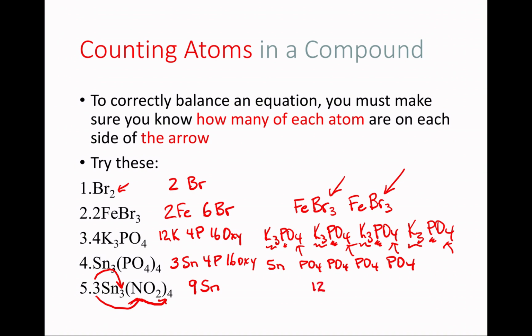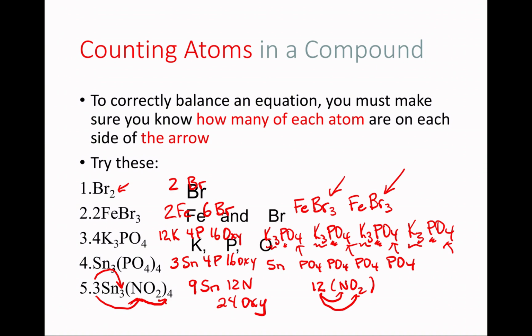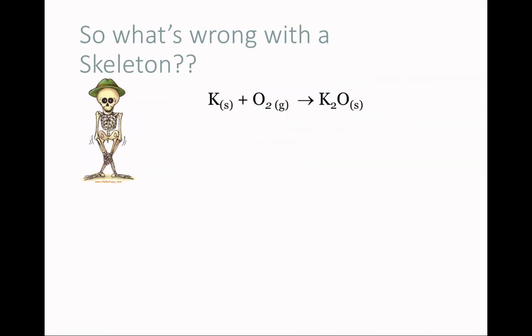It's like you have 12 of the nitrites. Okay, so you could probably see what effect this is going to have. You'll have 12 nitrogens, and there we go, 24 oxygens. And that accounts for quite a bit of stuff. Really does. So let's just zoom past that.